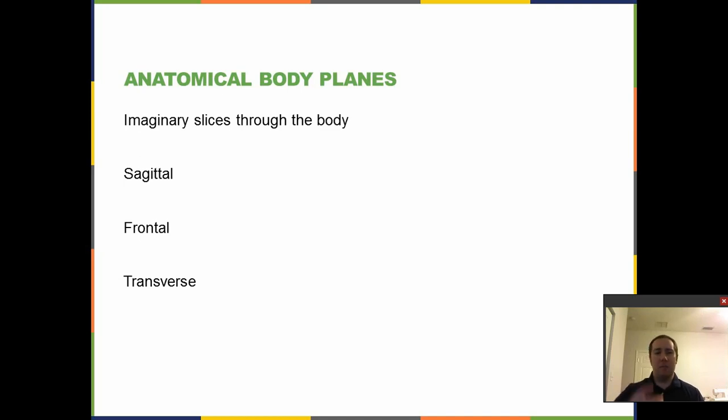A sagittal plane goes this way. It is going to cut a person into left and right pieces. It does not have to be exactly halves.